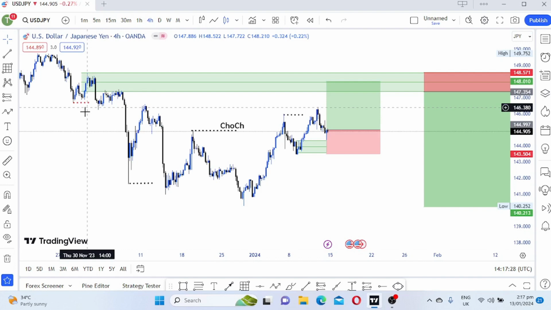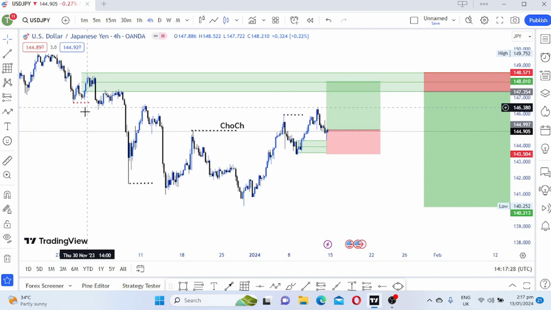This is our extreme supply zone. It's where we will look to enter our bigger sell, but that is only if price gets here. If price doesn't get here, then we have our second supply zone, this one. Once price gets to this second supply zone, that is where we will look to enter our sales.